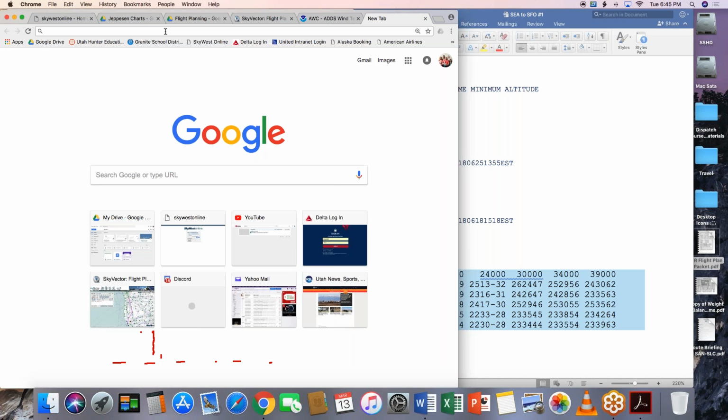Our average wind is a minus 6.6 knots. So a 6.6 knot headwind. That's because I hit 164 instead of 16.